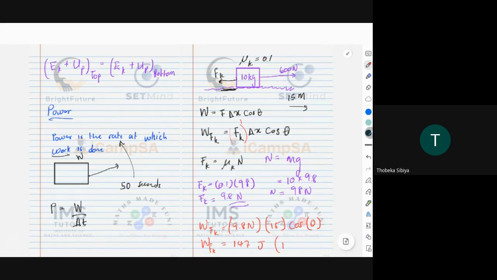Sometimes they can write it as Newton meter. The meter comes from here, this one is in meters, this one is in newtons. So it's Newton meter, right?